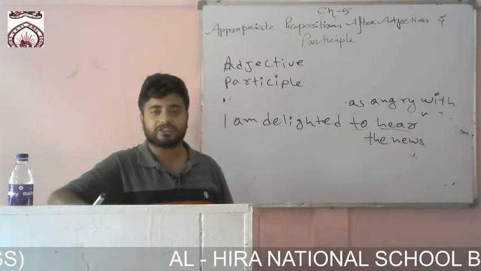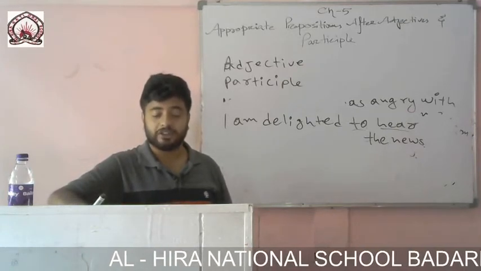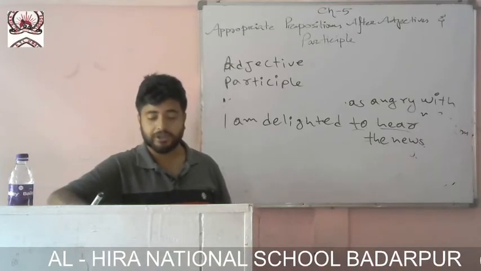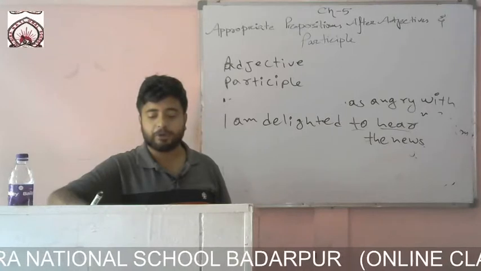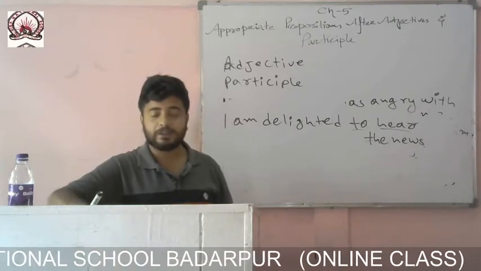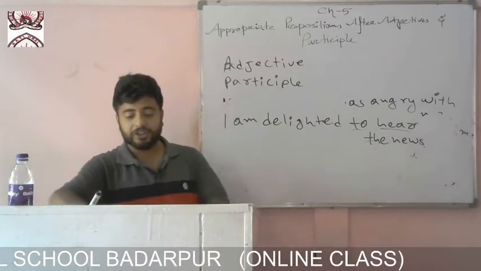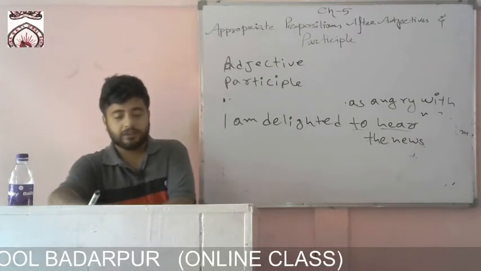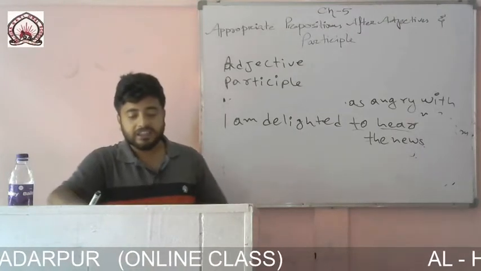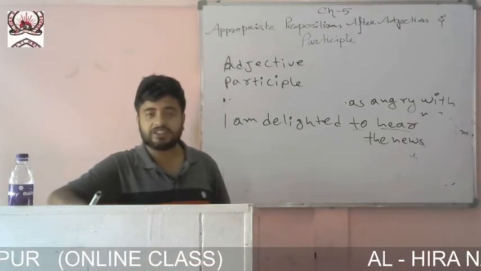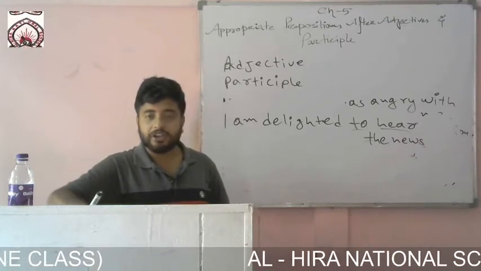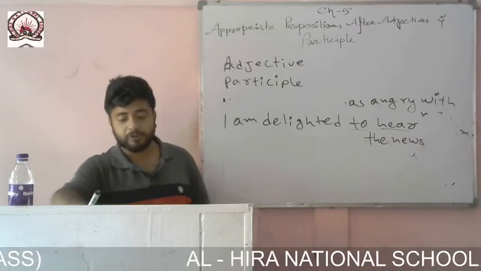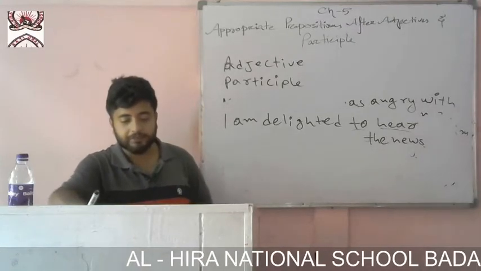And he is disappointed at my work. For a thing we have to use at. So displeased with a person. He is displeased with me because I did not invite him.